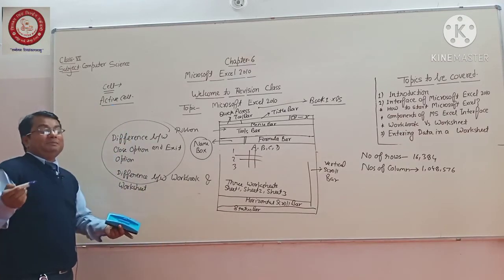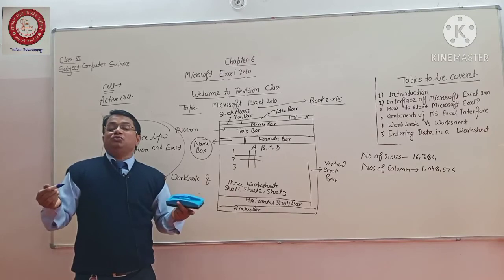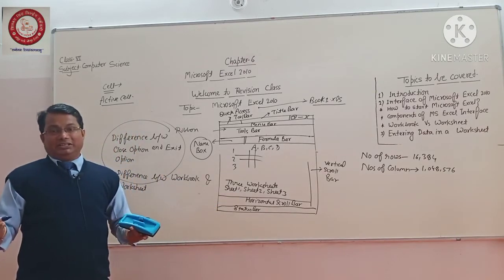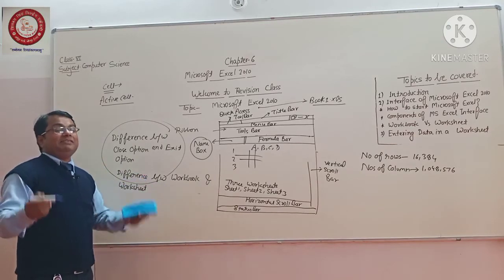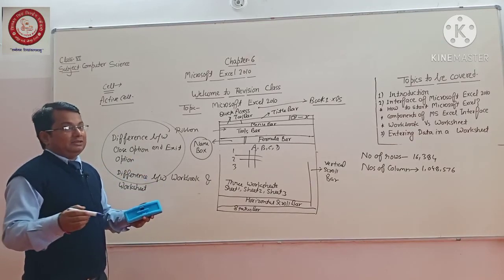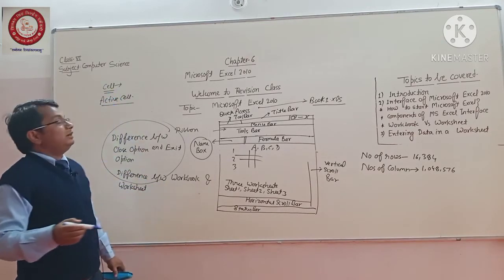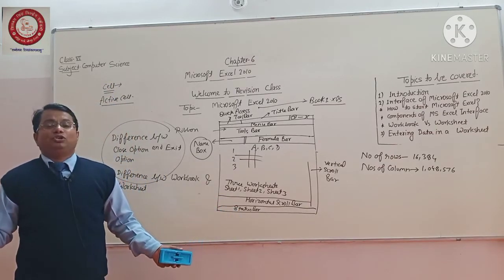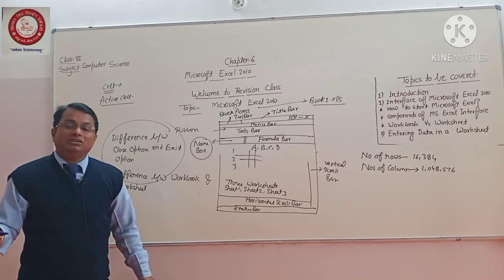The active cell is the cell which you are currently using. And a cell is the intersection of a row and a column.